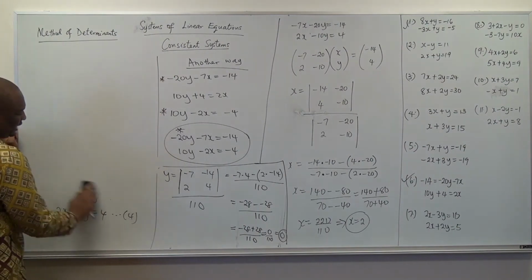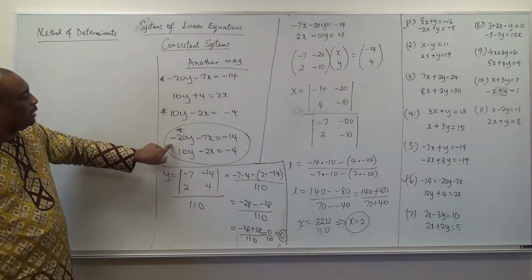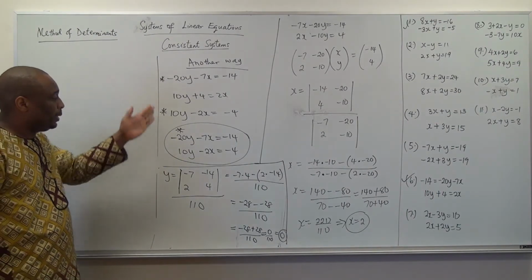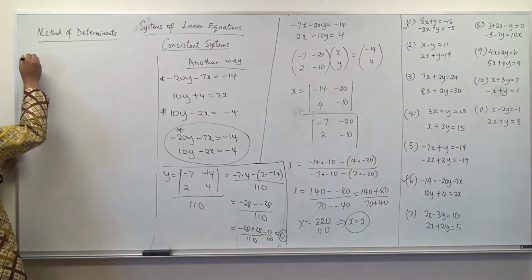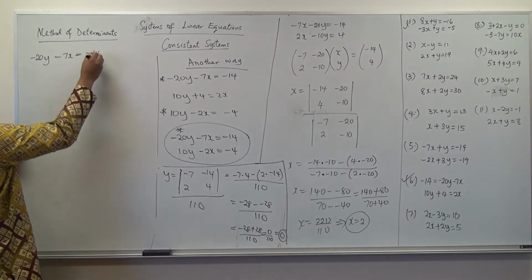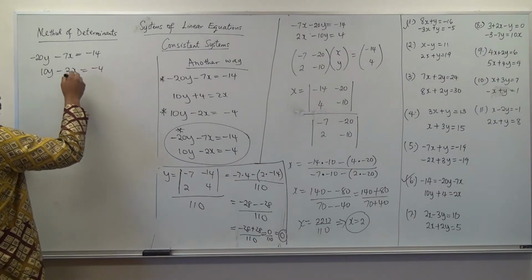Okay? Now, before we check it, let us do it this other way, because someone else might say, no, I want y to come first. Provided you arrange it, it will work. So if you want y to come first, you now do it this way. 10y minus 2x equal to negative 4.